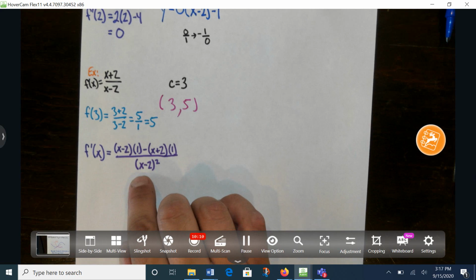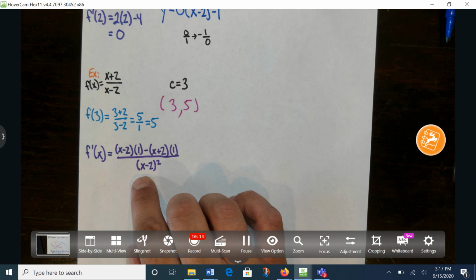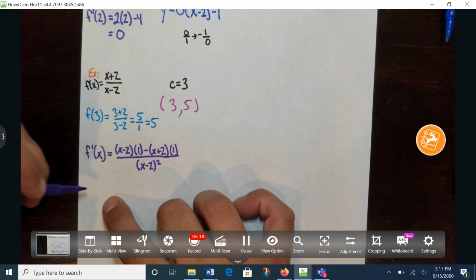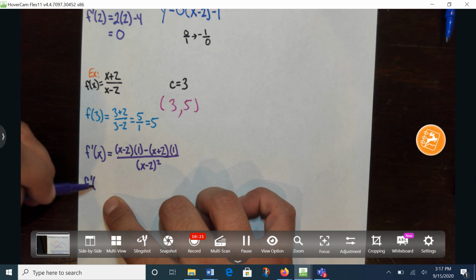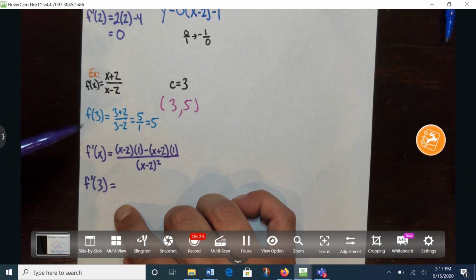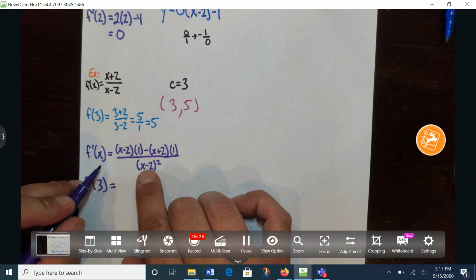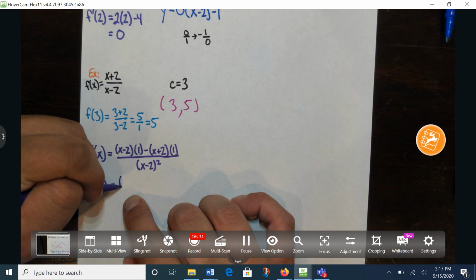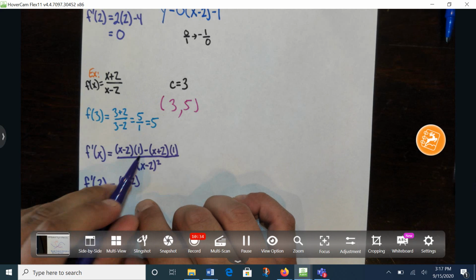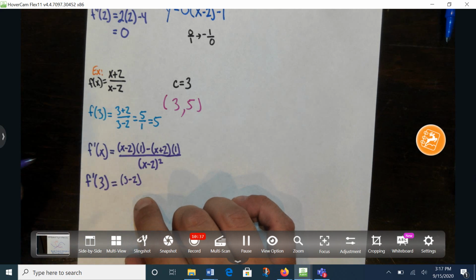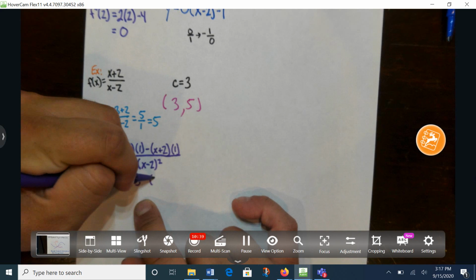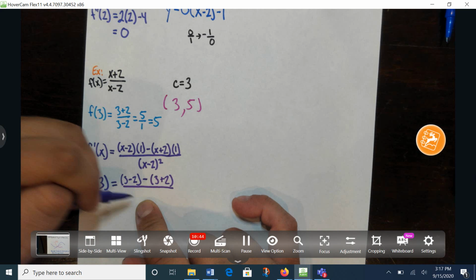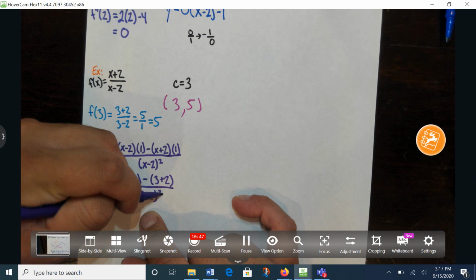So this is our derivative, and let's evaluate now at 3, because that's how we find the slope at that particular point. So f prime of 3 is equal to 3 minus 2, times 1, which I'm not going to write because anything times 1 is just itself, minus 3 plus 2, I just plugged in 3 for x, all over 3 minus 2 squared.